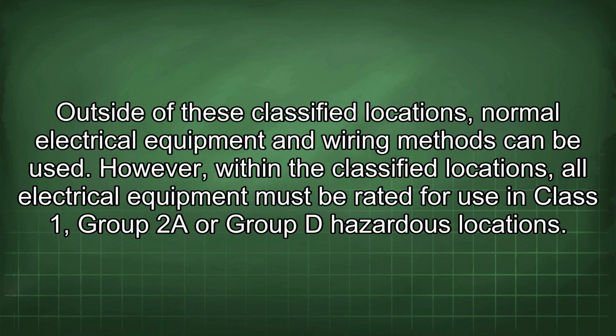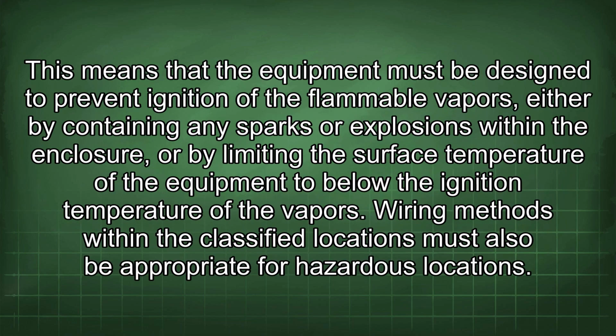However, within the classified locations, all electrical equipment must be rated for use in Class 1, Group 2 or Group D hazardous locations. This means that the equipment must be designed to prevent ignition of the flammable vapors, either by containing any sparks or explosions within the enclosure, or by limiting the surface temperature of the equipment to below the ignition temperature of the vapors.